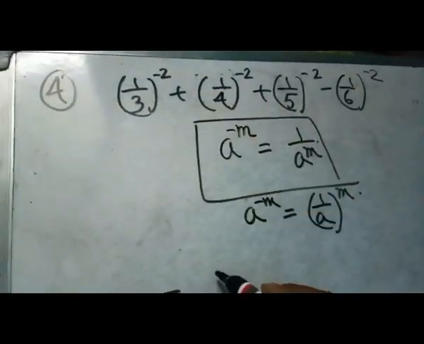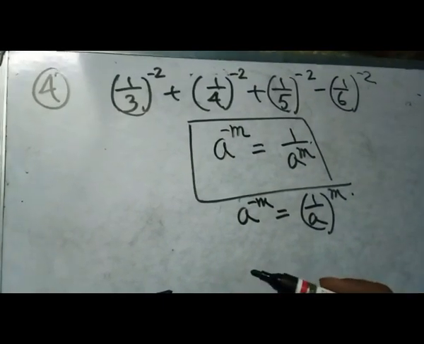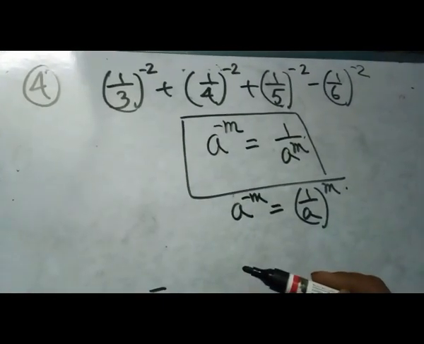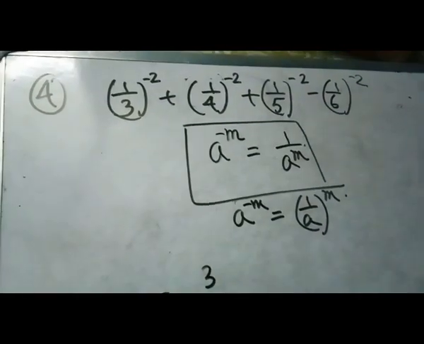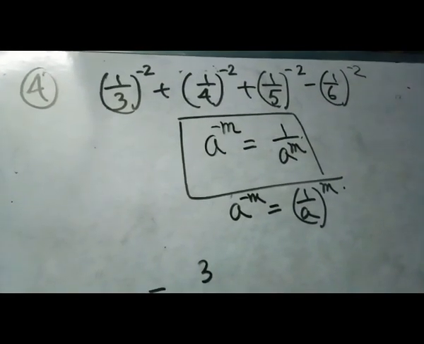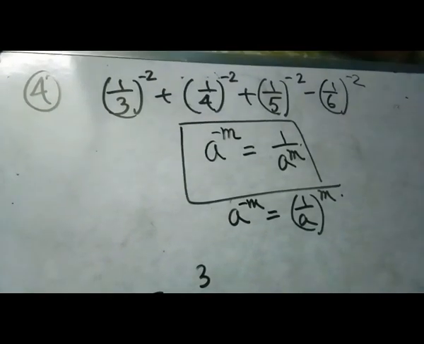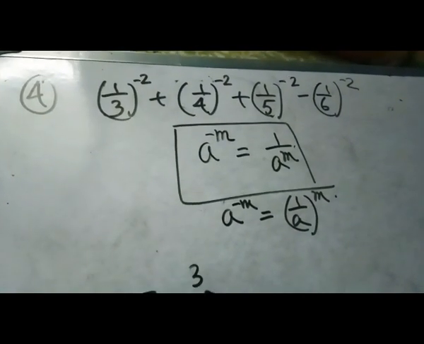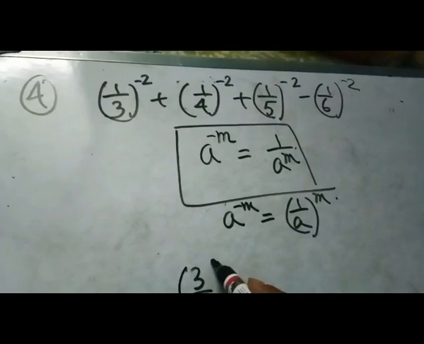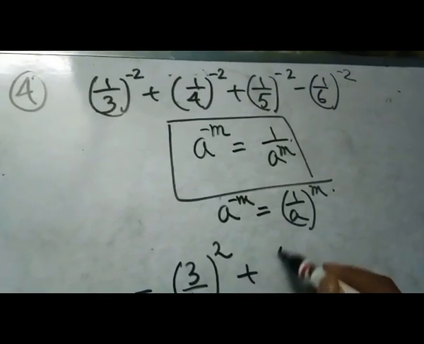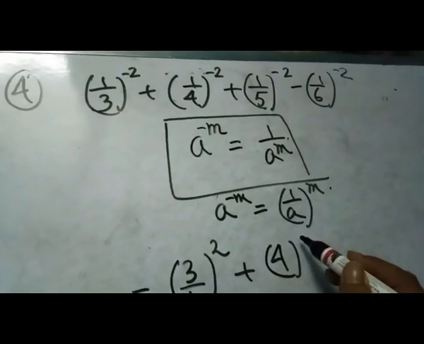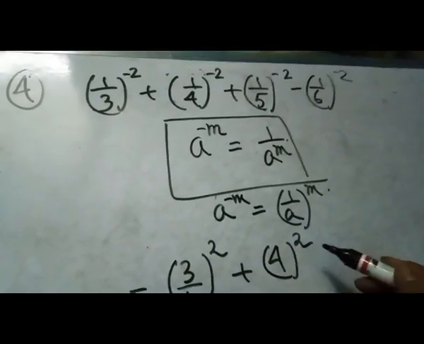Now 1 by 3 will take the form of its reciprocal, meaning 3 by 1 whole to the power of 2, plus 1 by 4. Similarly 4 to the power of plus 2.